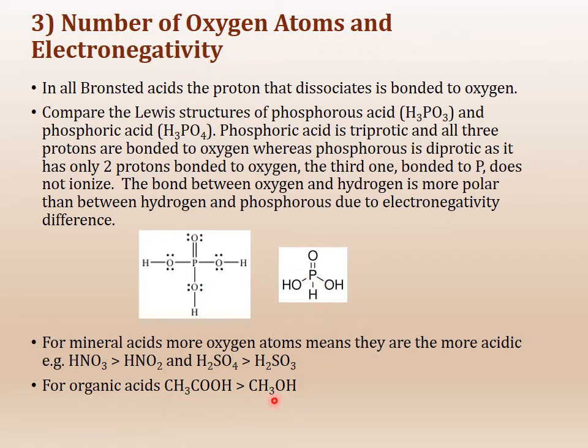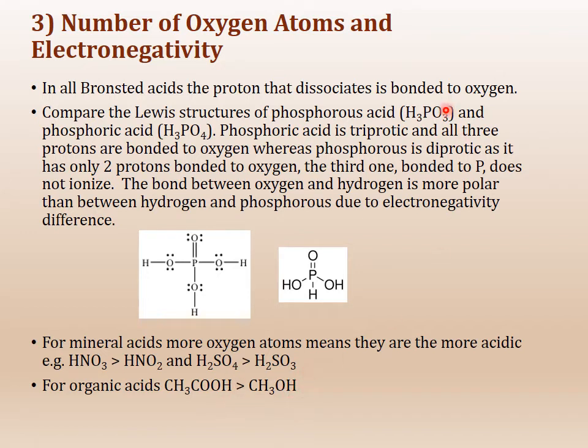For organic acids, acetic acid is going to be stronger than methanol, or carboxylic acids are going to be stronger than alcohols, because carboxylic acids have 2 oxygens, whereas alcohols have only 1 oxygen. Because of that, this proton is ionized, and it's more ionizable than this proton.